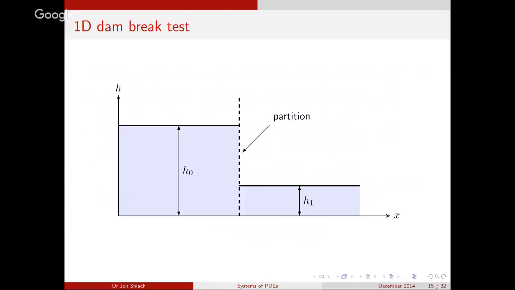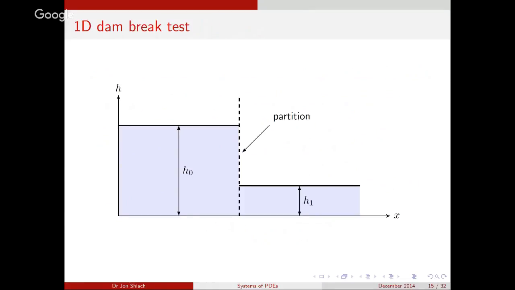And our bodies of water are separated by a partition or a dam. Imagine there's something there preventing that body of water from mixing with that body of water. And this is called the one-dimensional dam break test. It's unusual because it does have an exact solution. I know I keep saying this doesn't have an exact solution, but this one does. So we use it to test our schemes.